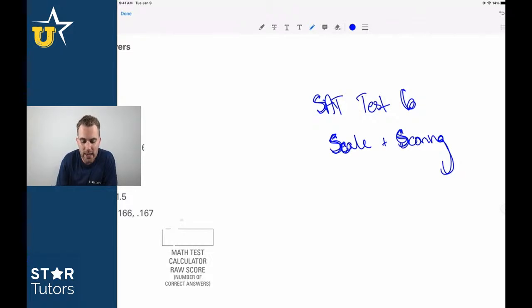We just need to approach it in a way that if I understand the scoring, how am I going to apply that on test day? How am I going to maximize my test score? How am I going to go in with this free mind, this free thought? I think if you approach it this way, you'll find that you are taking the test, you're letting the test come to you. You're not feeling overwhelmed at any given moment.